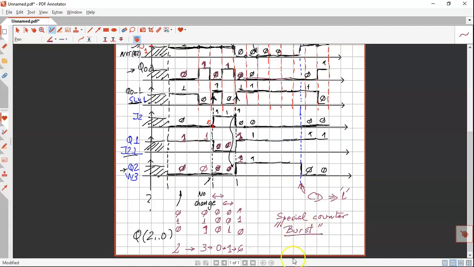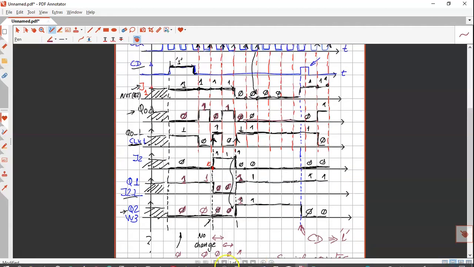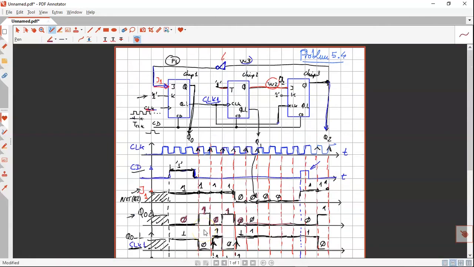The machine supplies the numbers 2, 3, 0, 1, and 6, this combination, and then the 6 is kept until you repeat the same sequence, 2, 3, 0, 1 and 6, and that's all. This is what the machine does, right? So that's the final analysis, and this is what I'd like you to do for the given circuits A, B, C, D. All right.